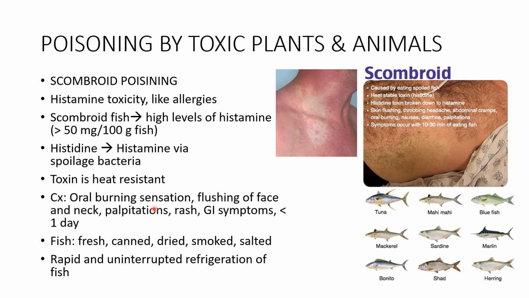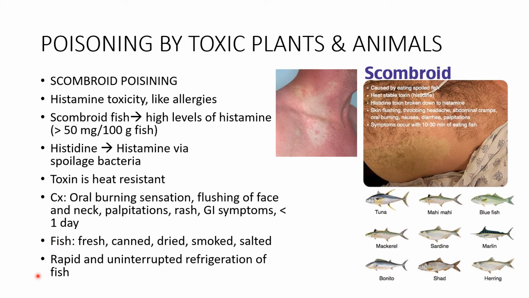Do know that histamine, the toxin, is heat resistant, so even if you cook it, it will still cause the poisoning. There is an oral burning sensation, flushing of the face and neck, redness, palpitations, rash, and GI symptoms, which may last less than 1 day.